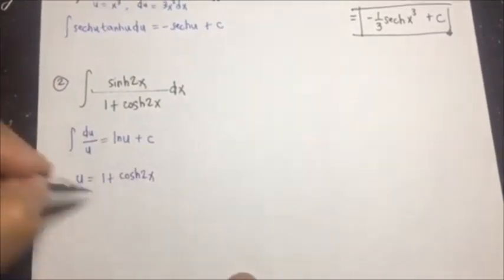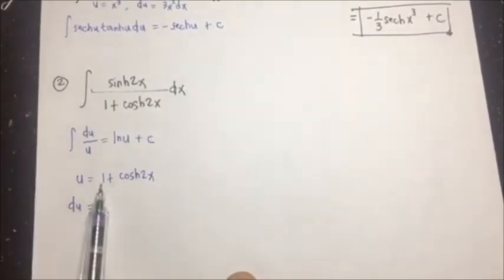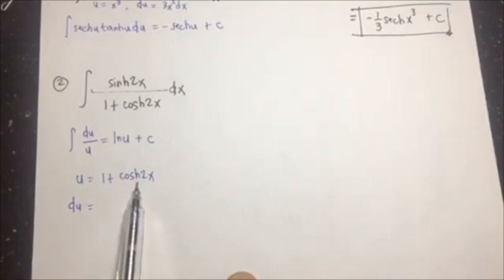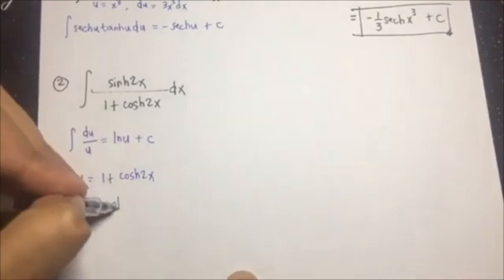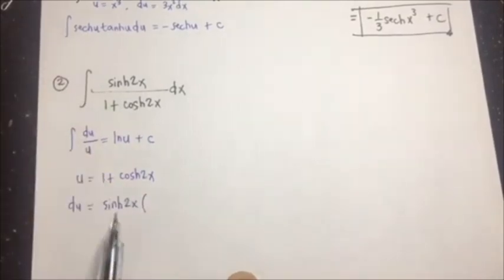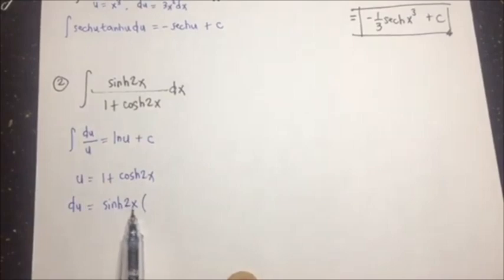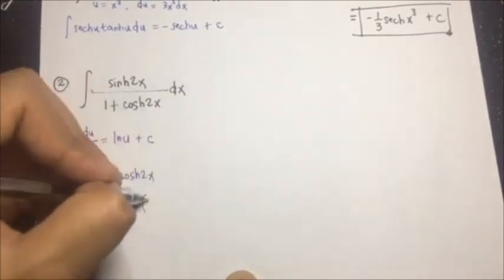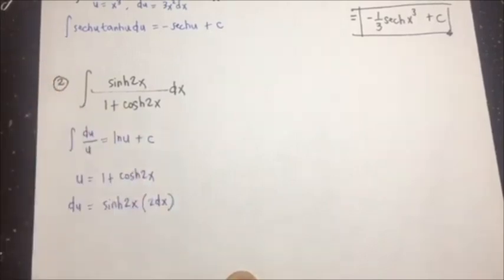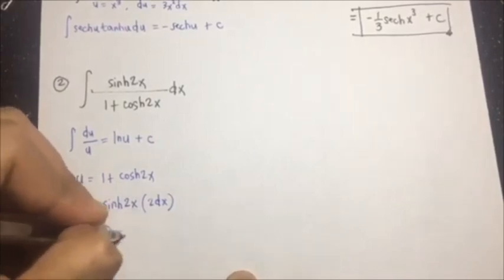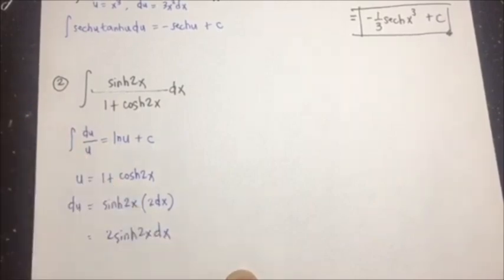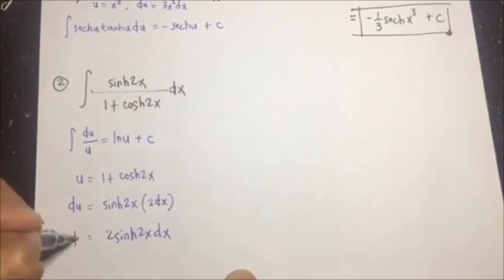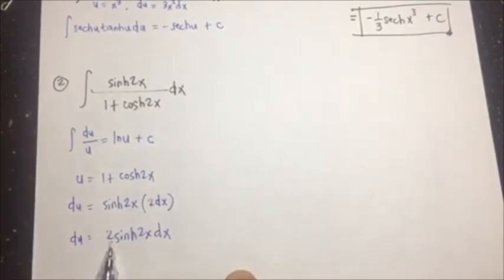Therefore the du is its differential: the differential of 1 is 0, the differential of hyperbolic cosine 2x is hyperbolic sine of 2x, and then by the chain rule, multiply with the differential of 2x, so 2 dx. Therefore our du is 2 hyperbolic sine of 2x dx.